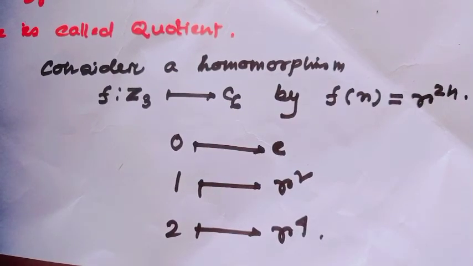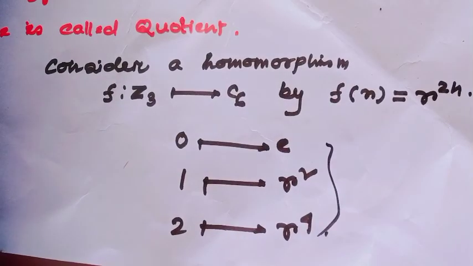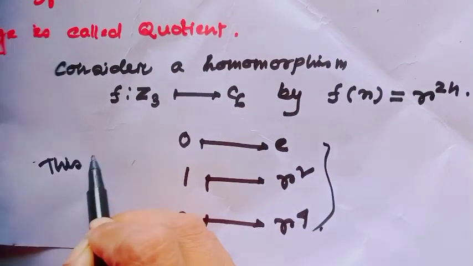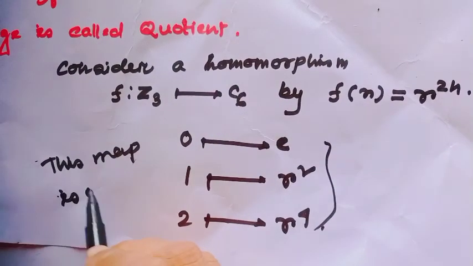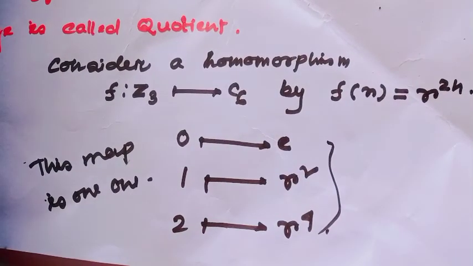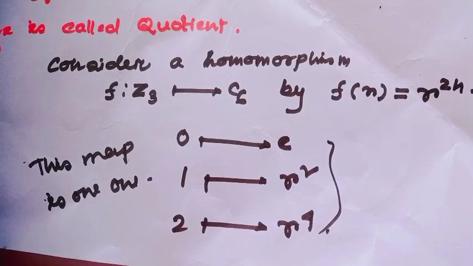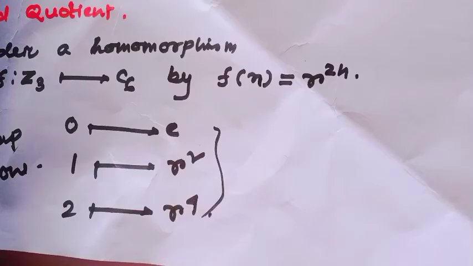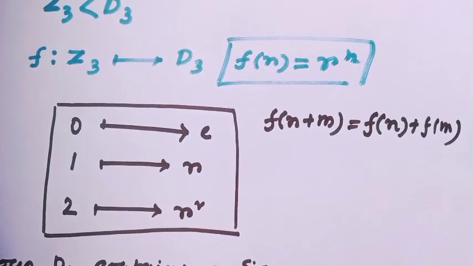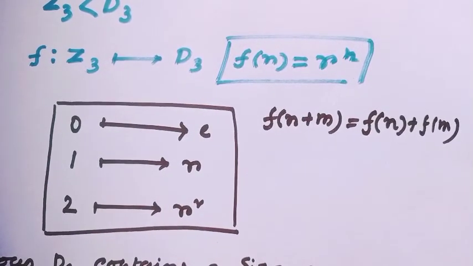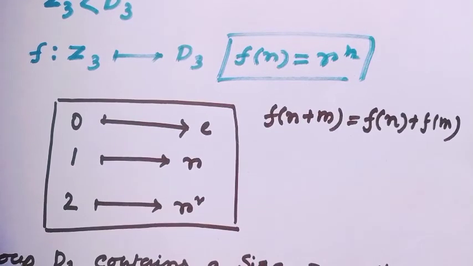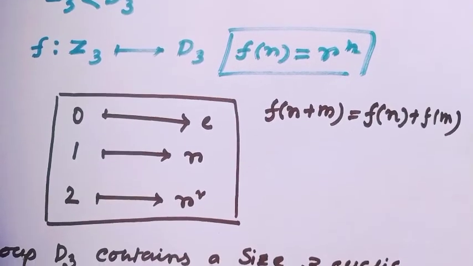Okay? And look, this map is 1-1. Okay? So, this is an embedding homomorphism. Are you getting? And the image E, r square, r to the power 4 is a subset of C6. Okay? Similarly, this map which I have defined before is also 1-1. So, this is also an embedding map.